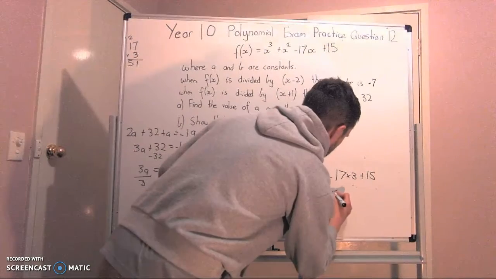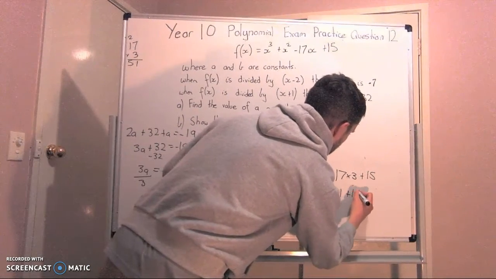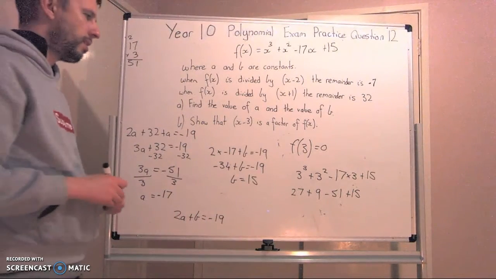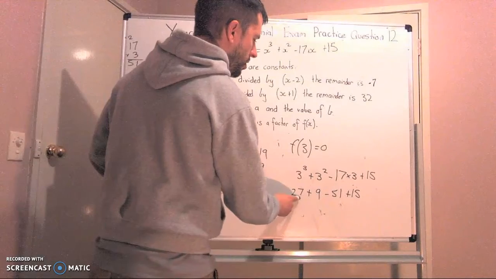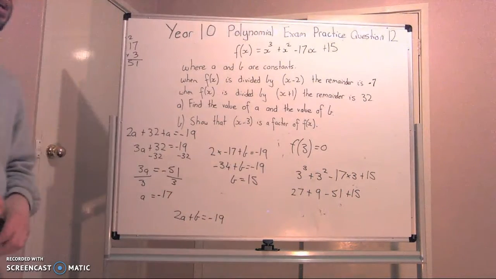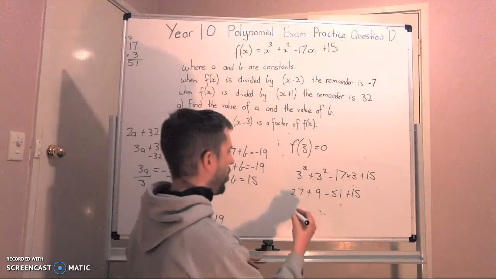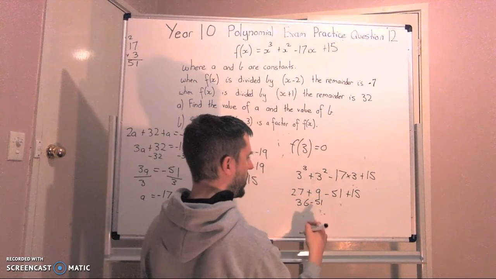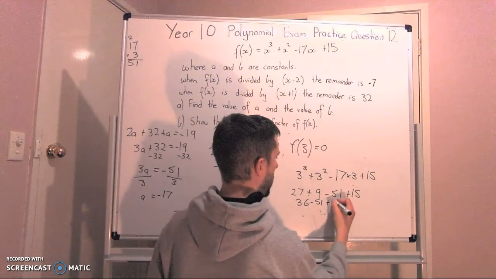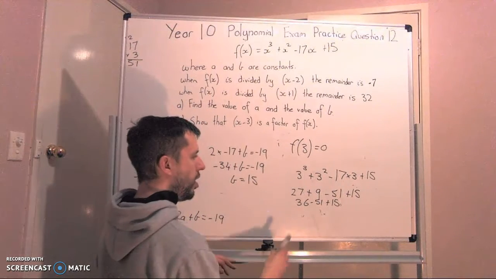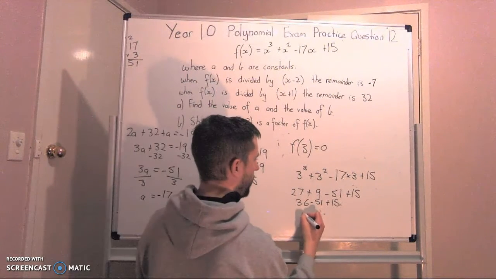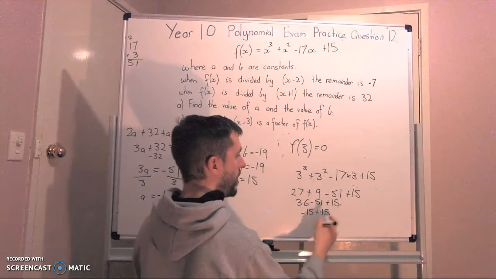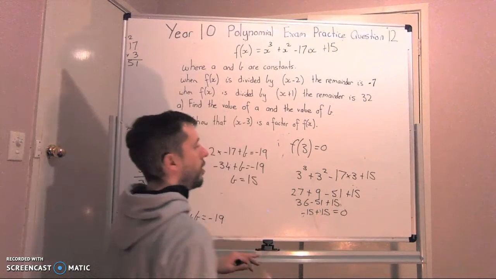So I'm taking away 51 and then I'm adding 15. So let's double check that. We need to go 27 plus 9, which equals 36. So now we've got 36, take away 51 plus 15. Well, 36 take away 51 is negative 15. So negative 15 plus 15 equals 0.